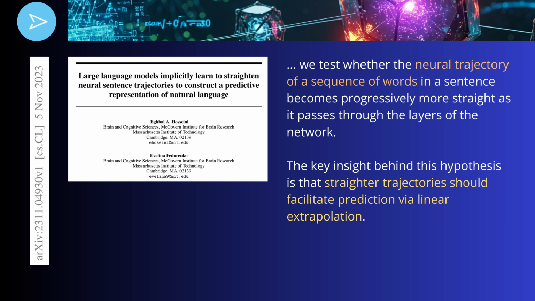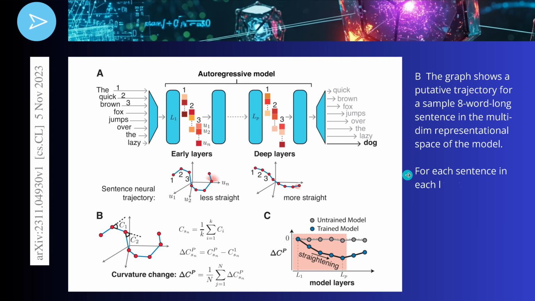The key insight is that a straighter trajectory should facilitate a simpler prediction via a linear extrapolation. And I know what you're going to say.